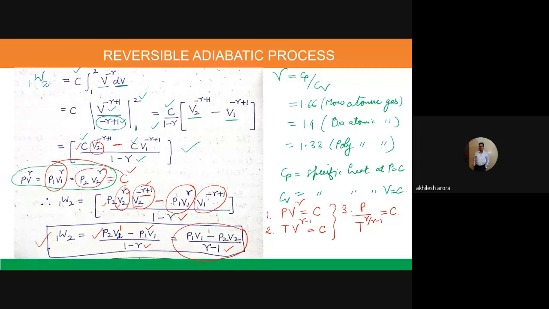These equations can be easily derived from equation number 1, which is given here. We can use this particular equation to get the other two equations, so that I will let you know later on. For the time being, you should always remember that TV raised to power gamma minus 1 is constant, and P divided by T raised to power gamma over gamma minus 1 is equal to constant. And the value of W1 to 2 for this process is P1 V1 minus P2 V2 over gamma minus 1.